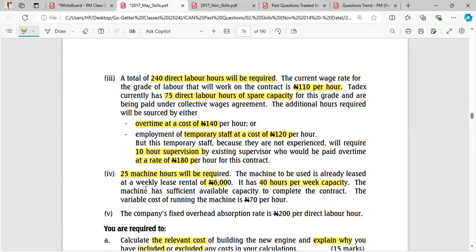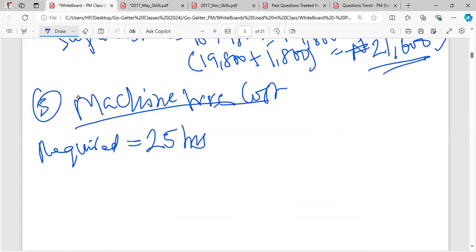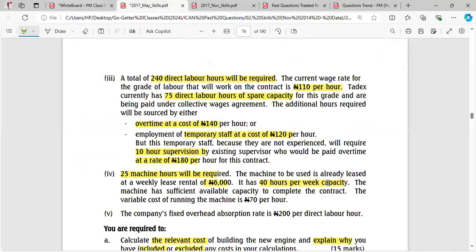The machine has 40 hours weekly capacity already, so it means 40 hours is available. Is it really available? The machine is already being leased. The machine has sufficient capacity to complete the contract.